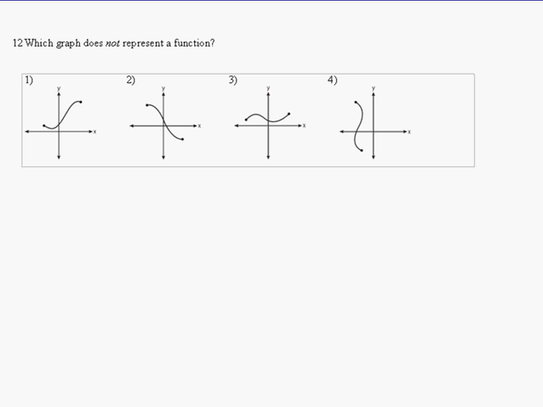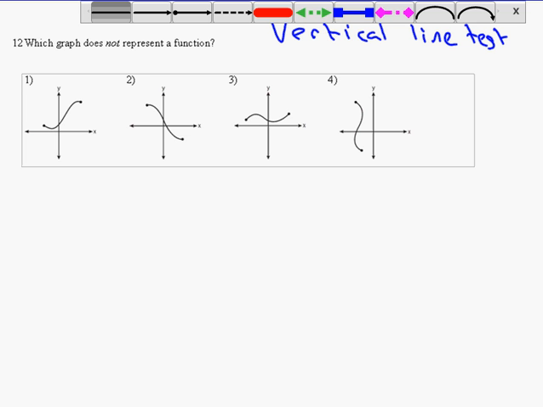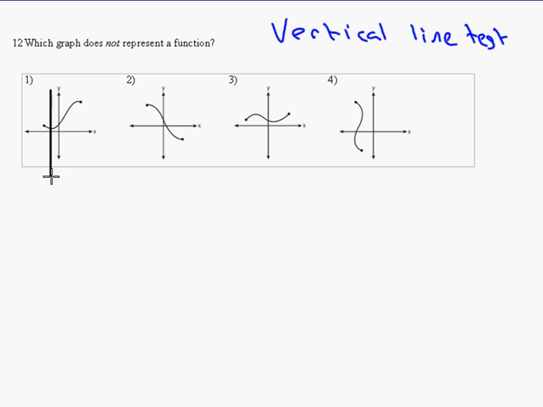Question 12, which graph does not represent a function? So we're going to use our vertical line test. What that means is that I should be able to draw a vertical line anywhere around the function, and it should only cross it at one point if in fact it is a function.